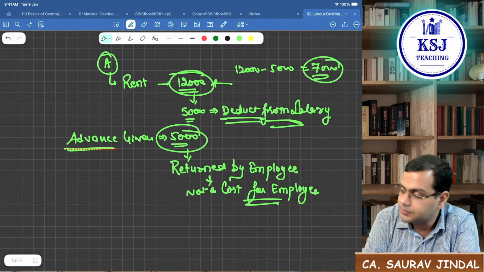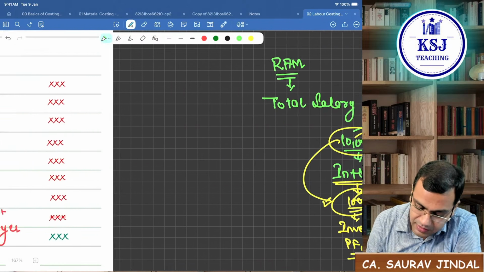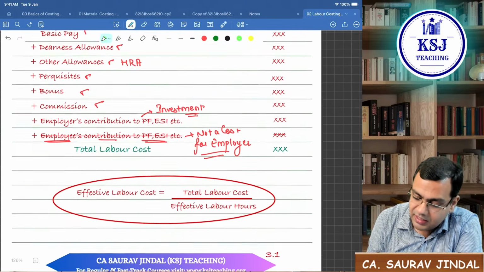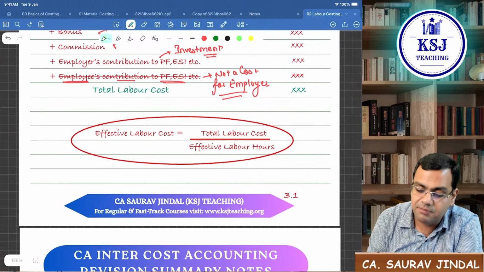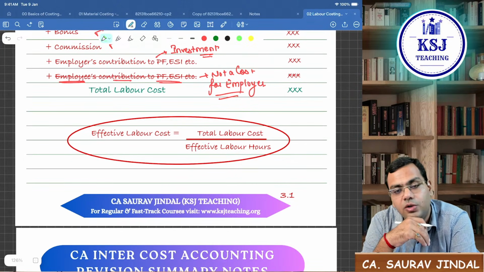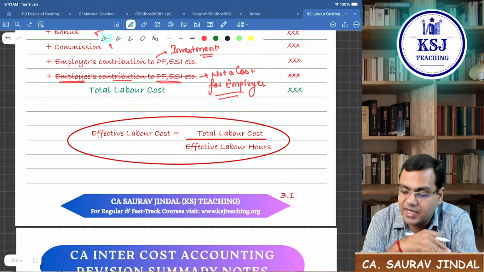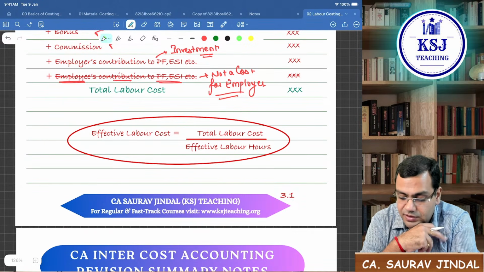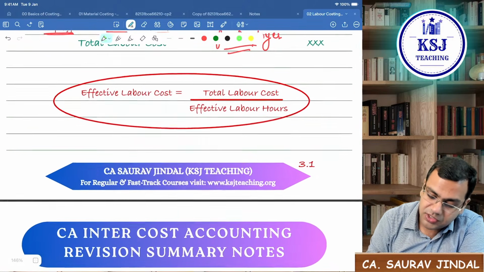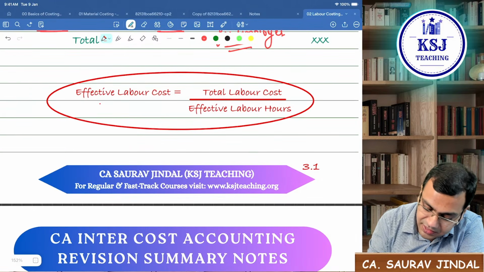Right? Now, this is the total labor cost. As an employer, I want to know what is the labor cost that I am paying per hour, the effective labor cost per hour.